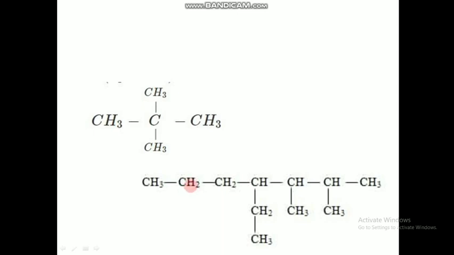Next, this carbon atom is attached to two other carbons, so it is a secondary carbon. This one also is a secondary carbon as it is directly attached with two other carbons. This one, you see 1, 2 and 3, and all of them are attached to carbon only.